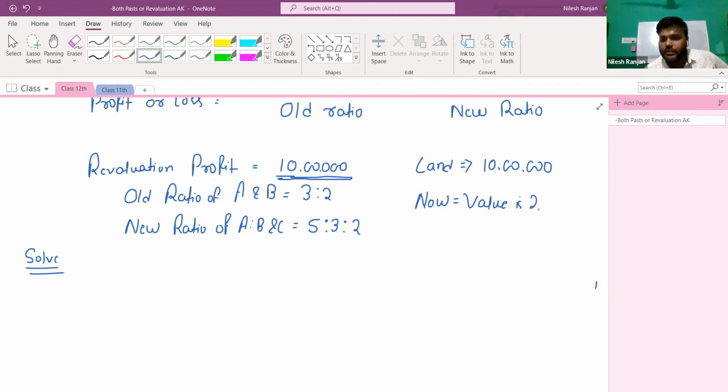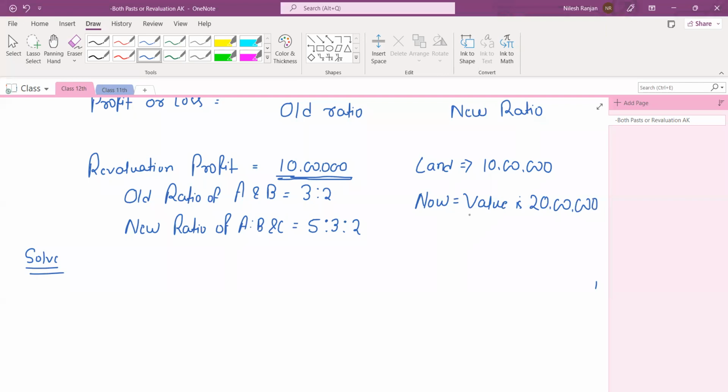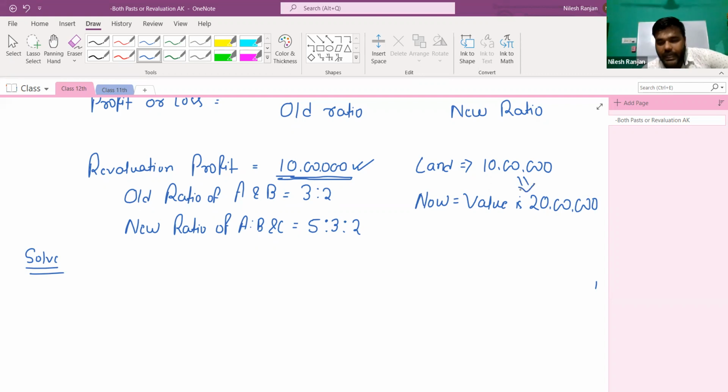So we get the 10 lakh profit. So if there is profit of 10 lakh at the time of admission, we know that we have a profit of 10 lakh in land. So our value of land is increased. That's why there is profit of 10 lakh in our books. So if we change right now, we will distribute the profit right now.